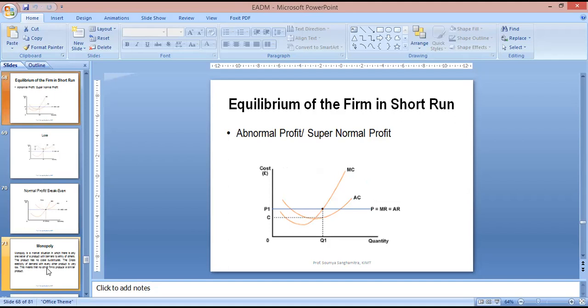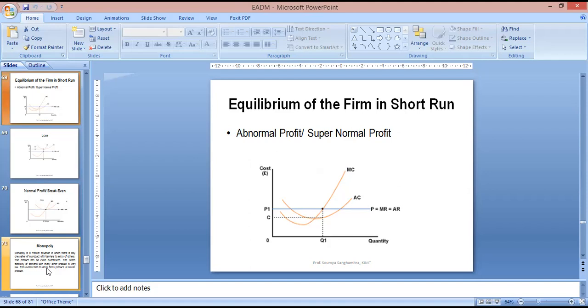The difference between the competitive industry's role in determining price and output level and a firm's role can be seen through the diagram. First is abnormal profit or supernormal profit. At the equilibrium level of output, a firm may get abnormal profit if its average revenue exceeds the average cost of production.